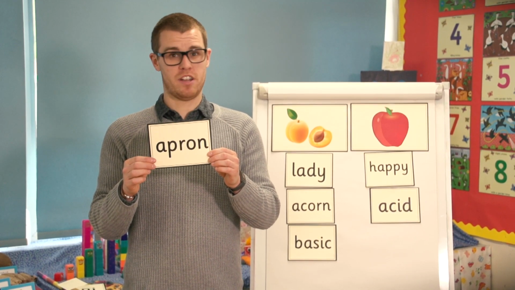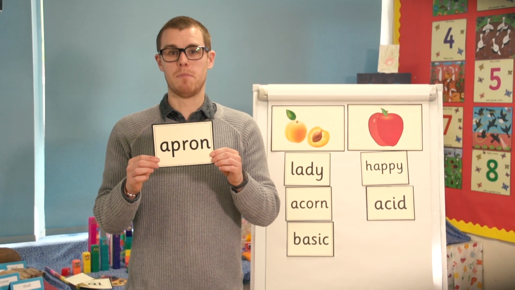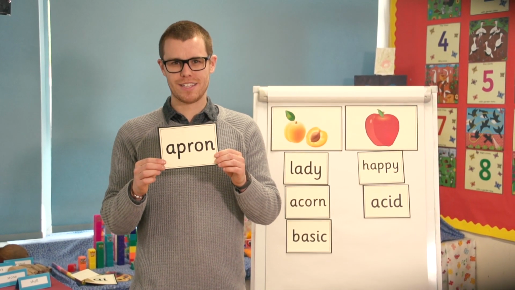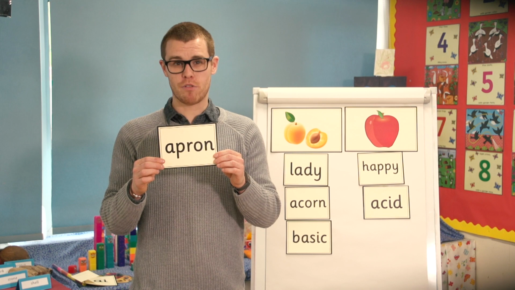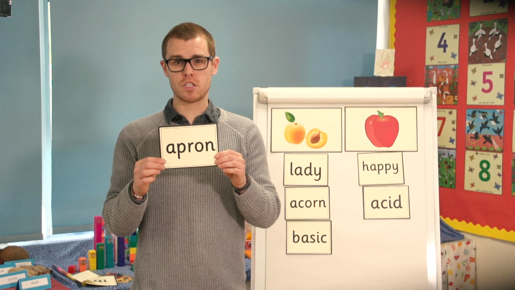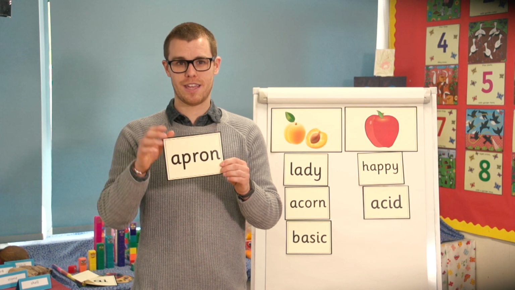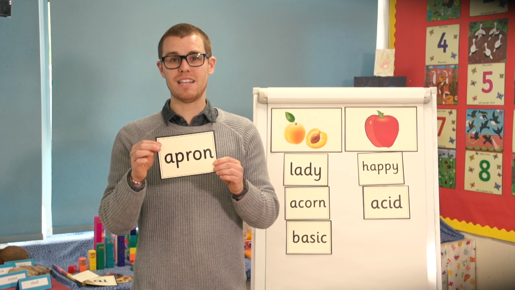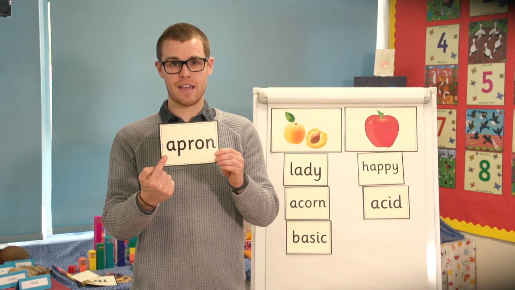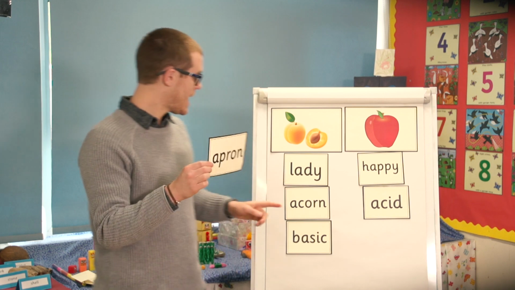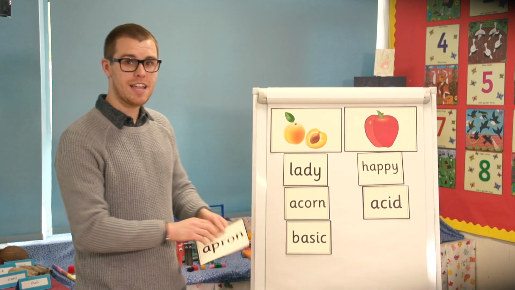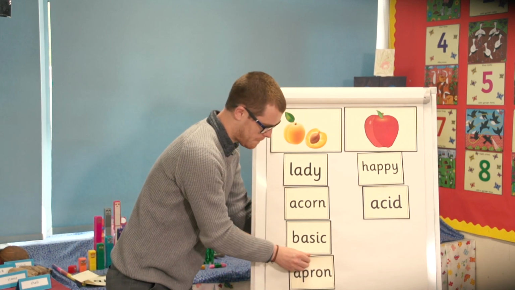Well, apron doesn't sound right, so it must be apron. You might wear an apron to protect your clothes when you are cooking. Apron begins with A, so I'm popping it here under the apricot.